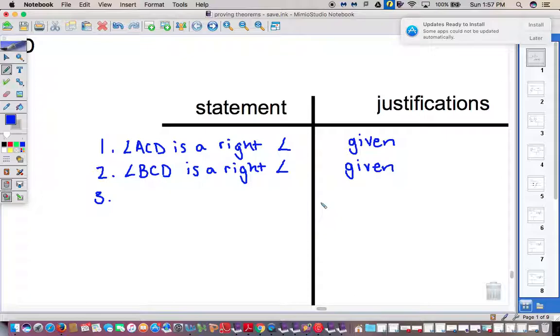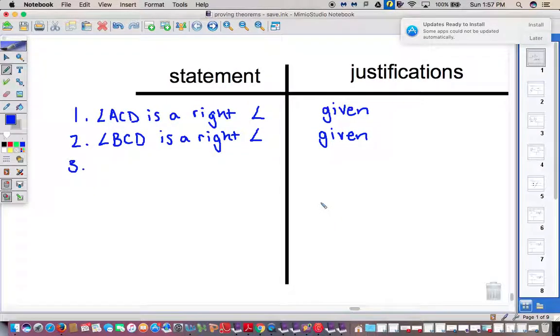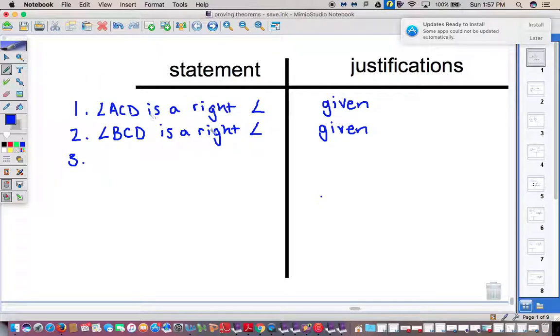So our next step is to talk about what this means. If it's a right angle, then we know that the measure of angle ACD equals 90 degrees, and we know this because that's the definition of right angle.